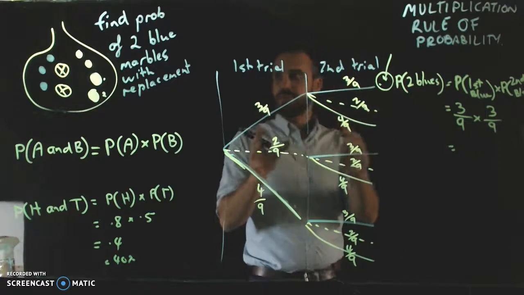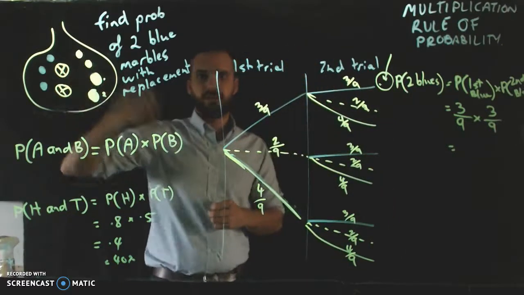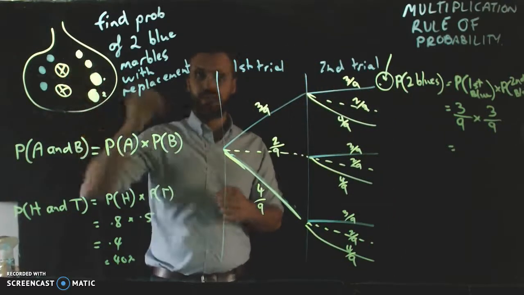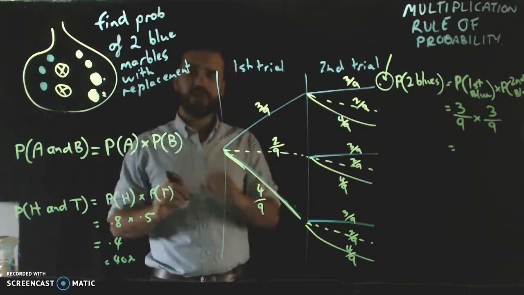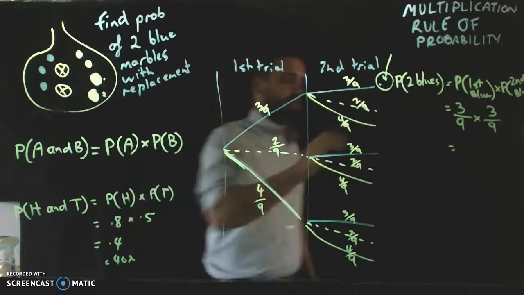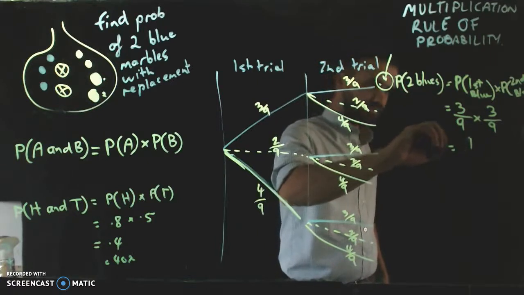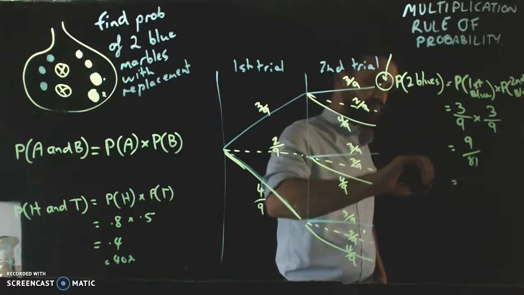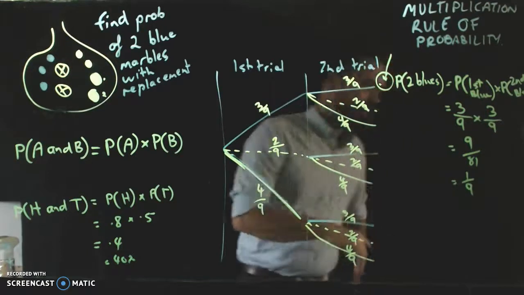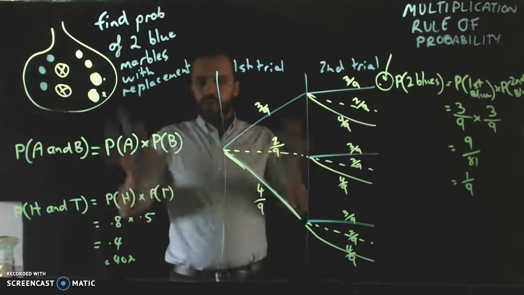So the probability that if you reach into this bag and you pull out a marble, you look at it, you put it back, pull out a marble, you look at it, put it back. Probability that you'll pull out two blue marbles is 3 in 9 times 3 in 9, which is 9 in 81, which is 1 in 9.